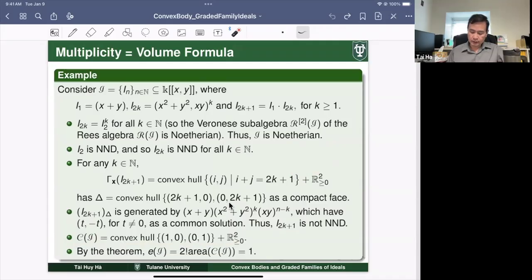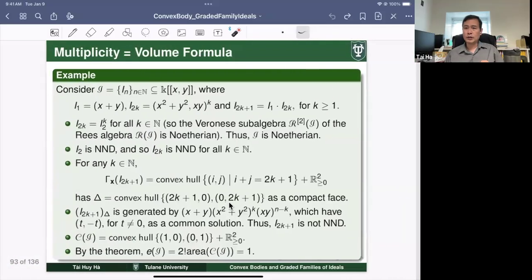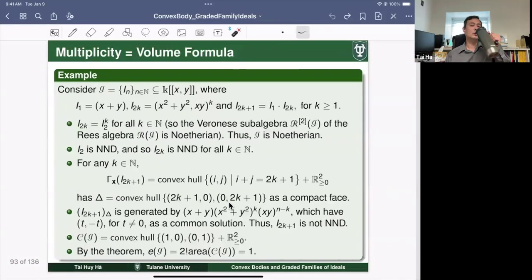And the area of the triangle, as we have seen before, is just 1/2, and 2 times it is 1, and that's exactly the same as the multiplicity. So any question before I move on?